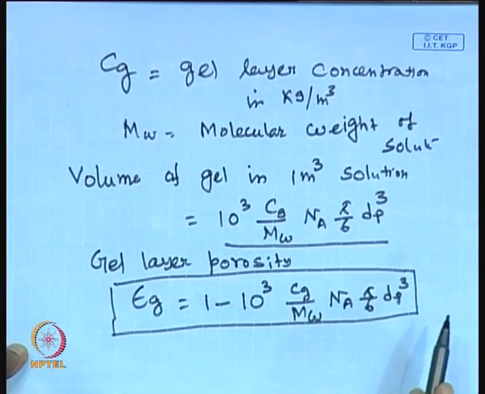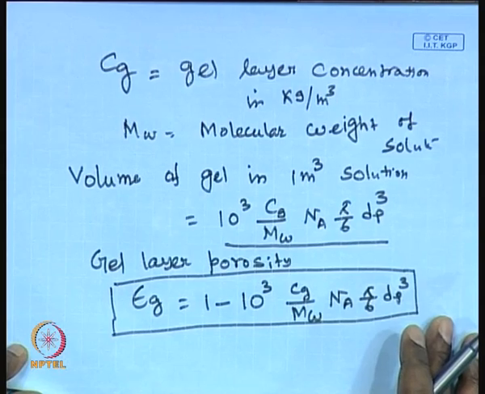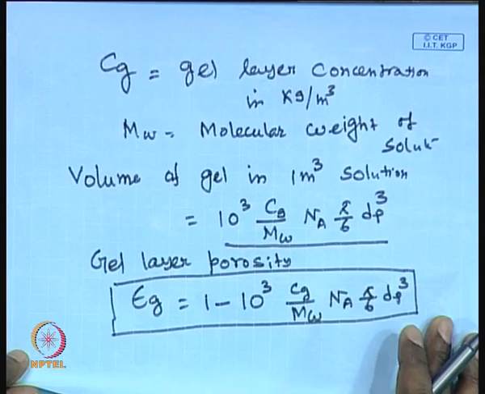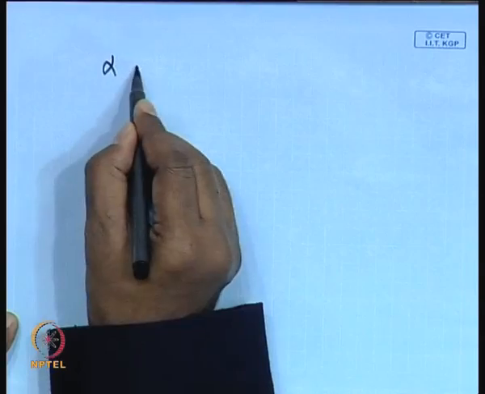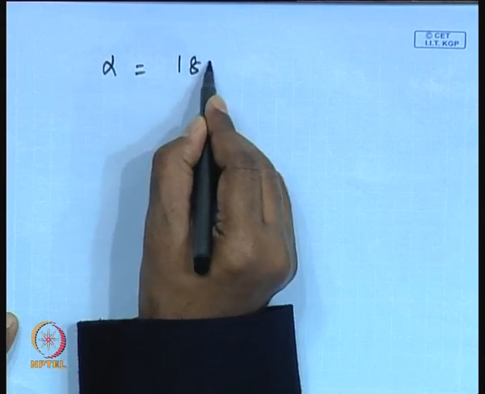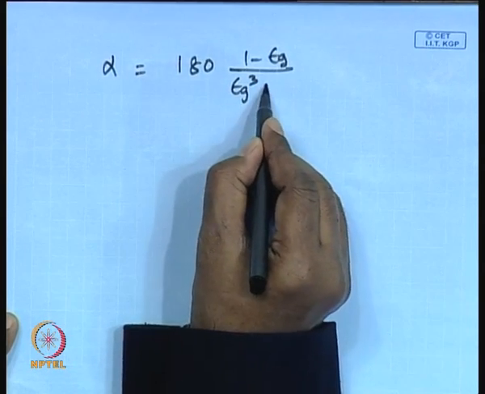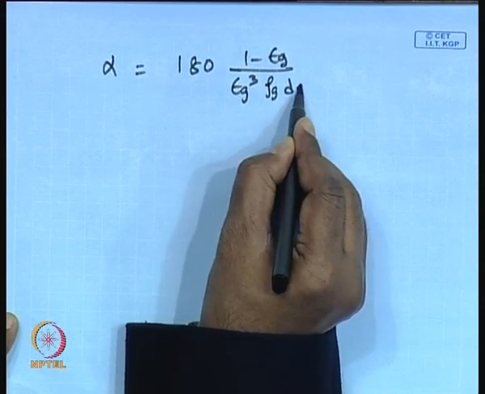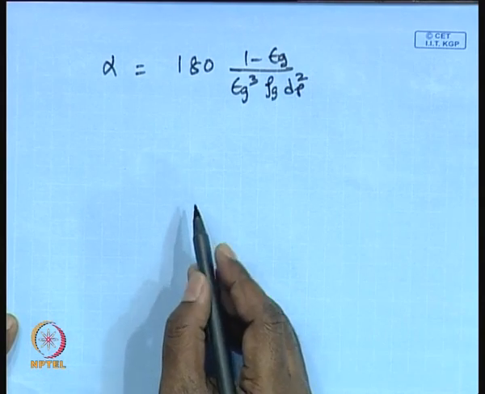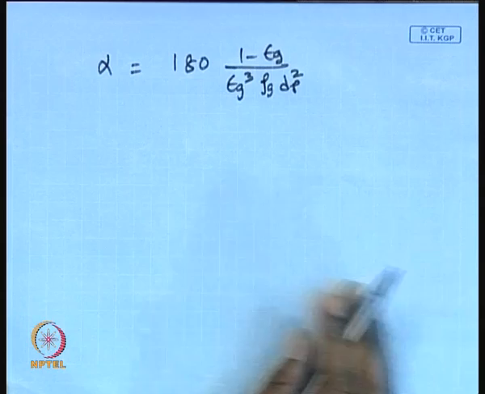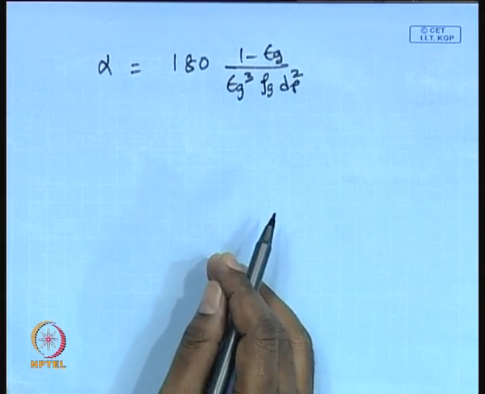Okay. Now, we have the definition of alpha, that is alpha is specific cake layer resistance, that is related to the epsilon g and dp through Cauchy-Carbon equation, right. If you write down that alpha is nothing but 1 over 180 into 1 minus epsilon g divided by epsilon g cube rho g times dp square, and we have already seen this alpha can be a function of delta p if it is compressible.